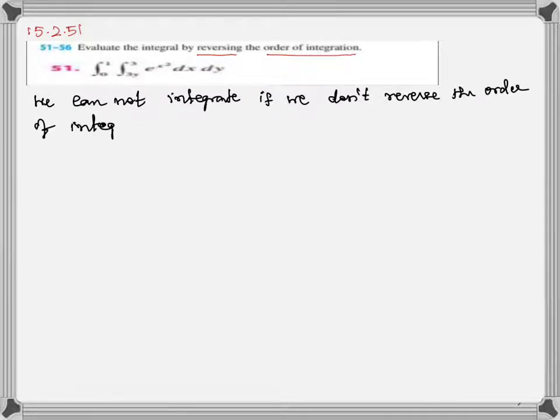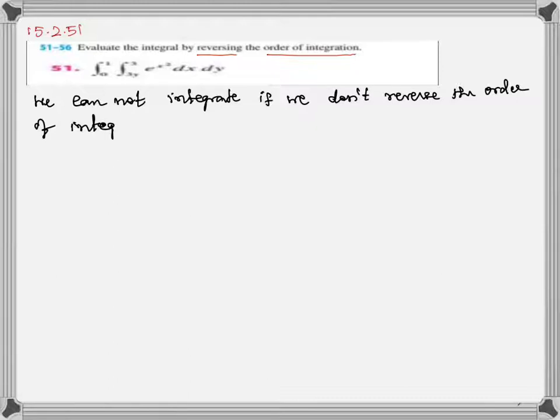So we are going to use the reversing the order of integration technique without changing the region over which it is integrated. The region should remain intact, which means the domain over which the surface is defined. When we evaluate a double integral, what we are finding is the volume of the solid under the surface over the region.